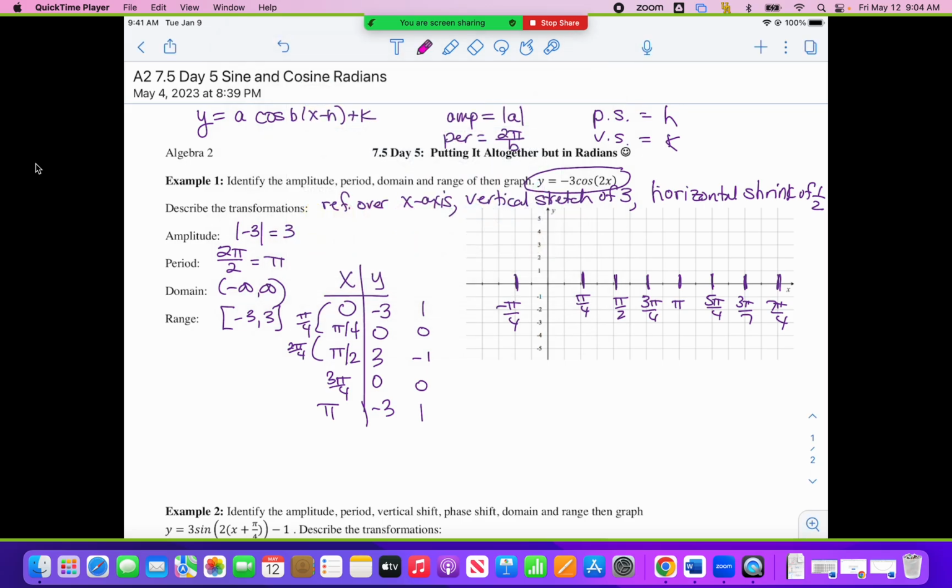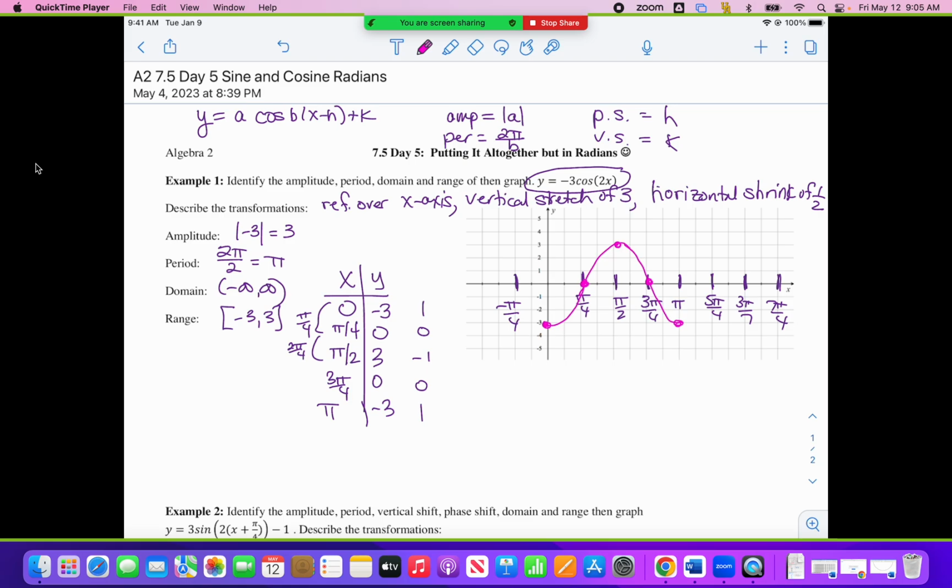This one did not have a phase shift or a vertical shift, so I don't need to worry. So I'm just going to plot 0, -3, pi over 4, 0, pi over 2, 3, 3 pi over 4, 0, pi, -3. Great job on that parent function. Good job with the concavity.